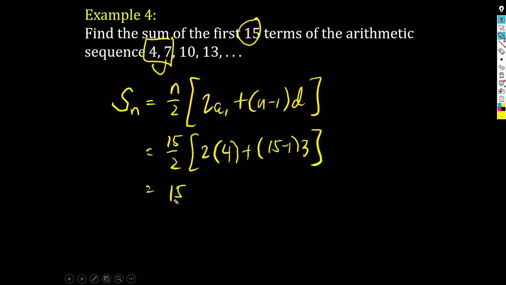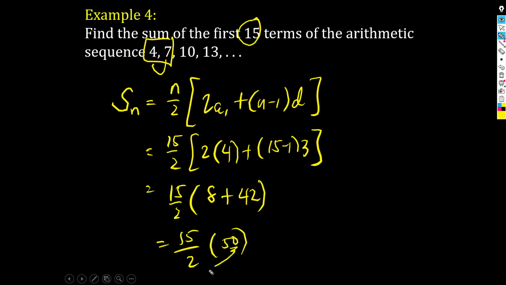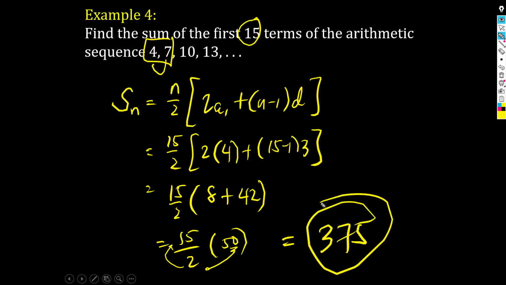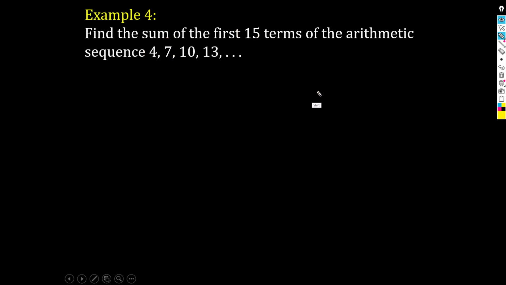So that will be 15 over 2 times 8 plus 14 times 3, that's 42. Then 15 over 2 times 50. 50 over 2 is 25, times 15, that should be 375. Very easy. You can verify on your own, but you should get 375. Okay?